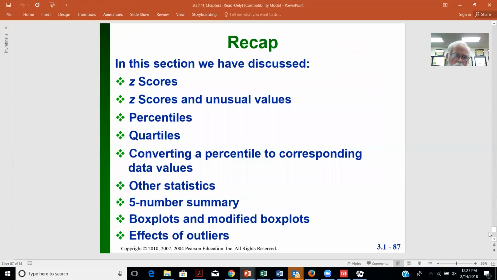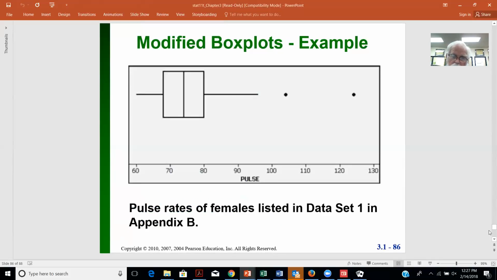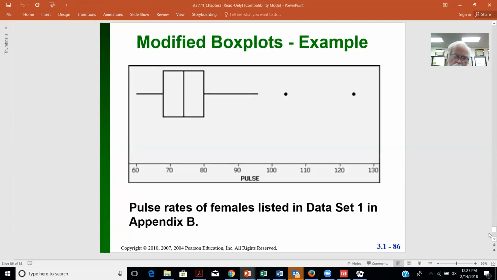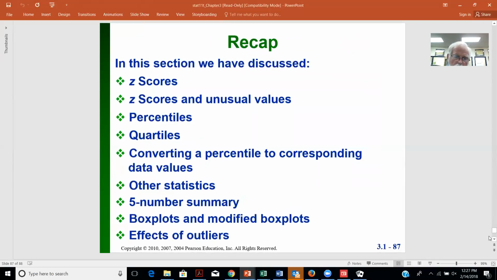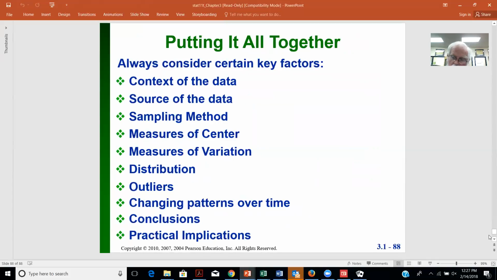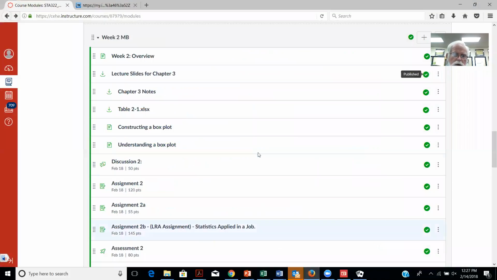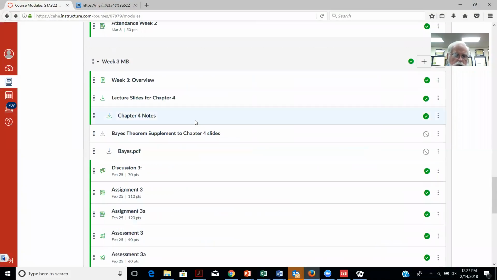So I think that's pretty much what I wanted to do. What I want you to do now is make sure that chapter 4 slides are available.